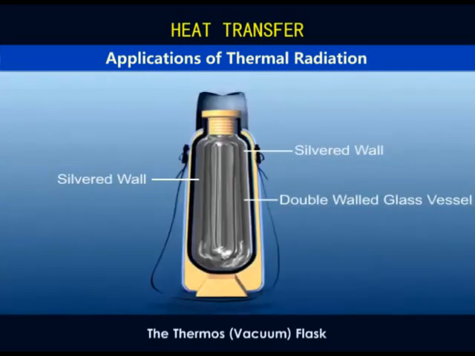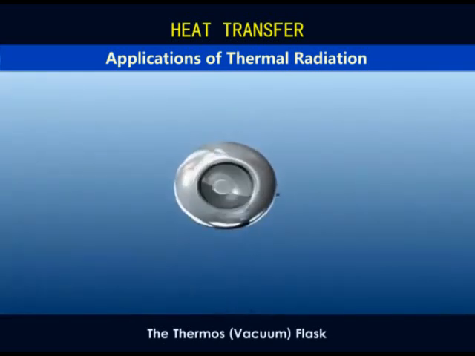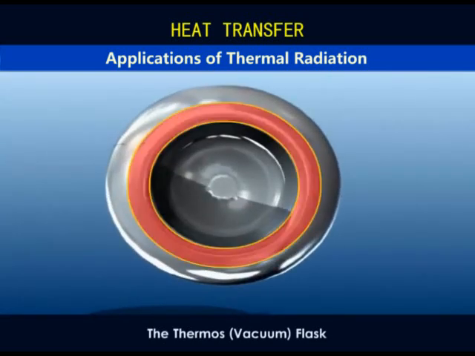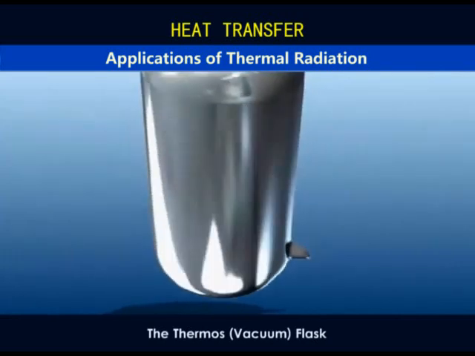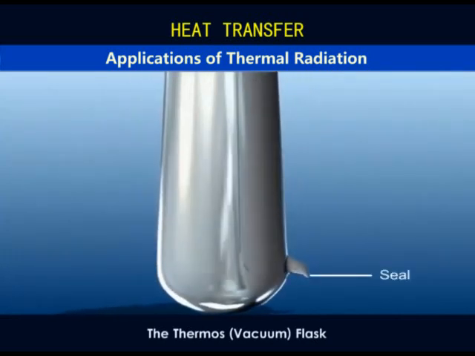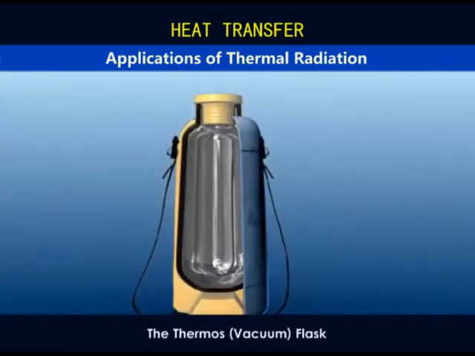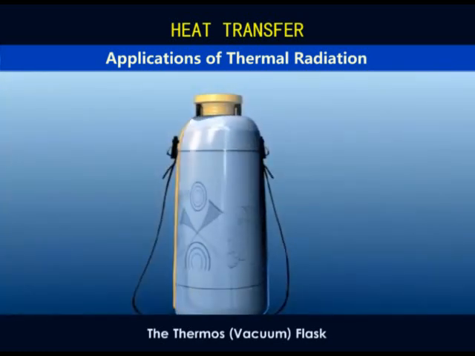The space between the walls is a vacuum. The walls are sealed at the top and a vacuum seal provided at the bottom. The glass vessel is protected by encasing it in a metal or plastic case.